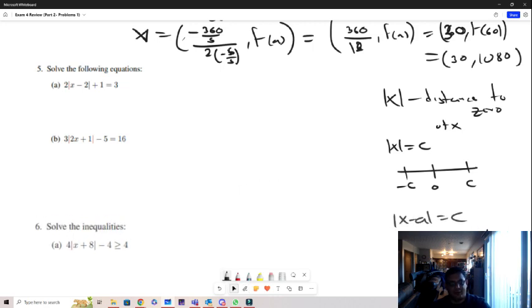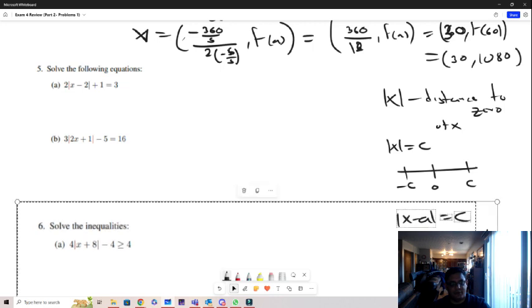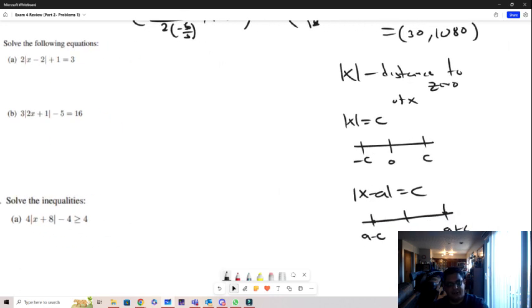And if you remember the rule, what that means is that x minus a is equal to c, or x minus a is equal to minus c. And so you see that this gives you a plus c, and this will give you a minus c, which are the 2 points that we're checking here.